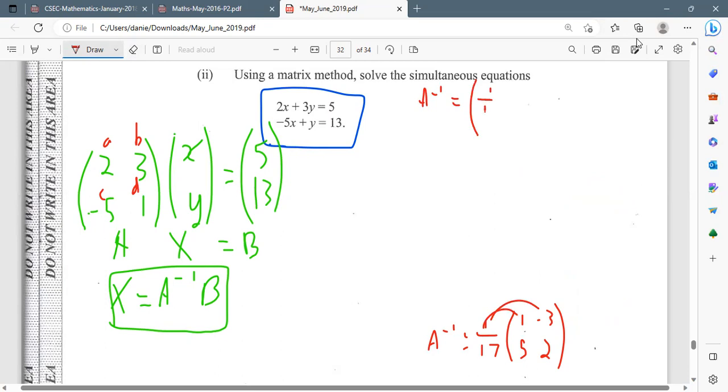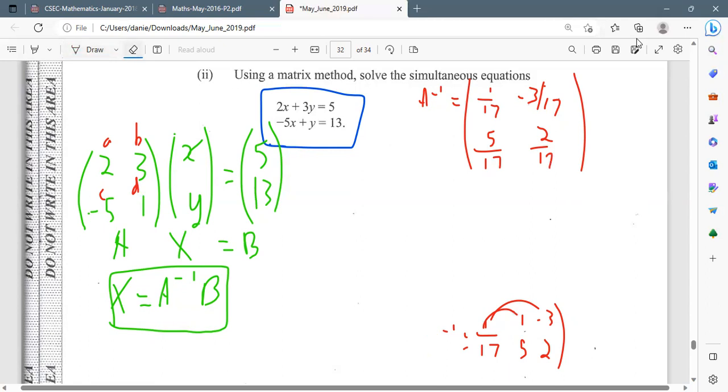So 1 on 17, then minus 3 on 17, and then 5 on 17, and then 2 on 17. So that would be the inverse. And you have to expand it out.